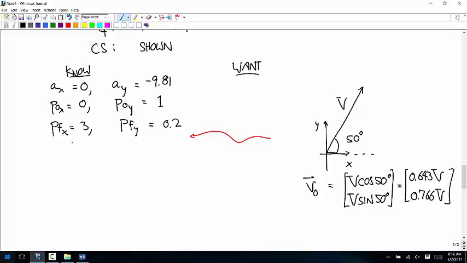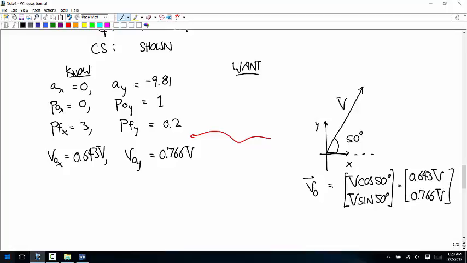And so we can represent these v0x is equal to 0.643 times capital V, and v0y is equal to 0.766 v.